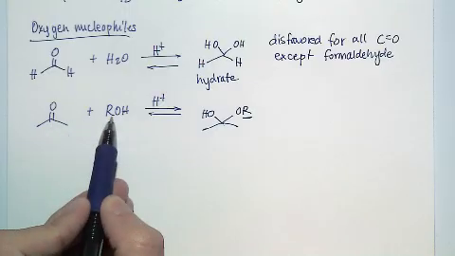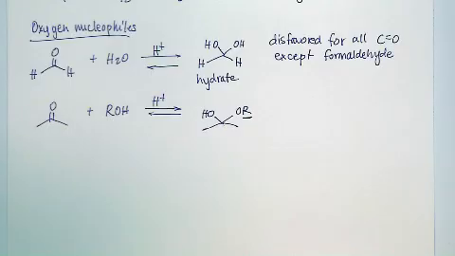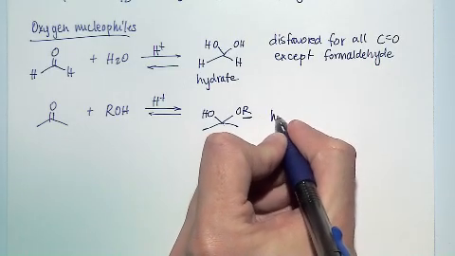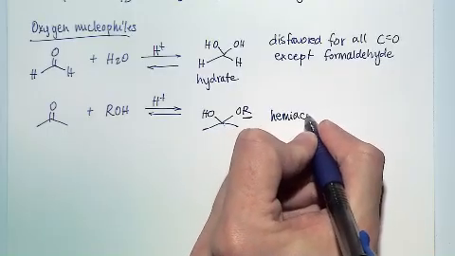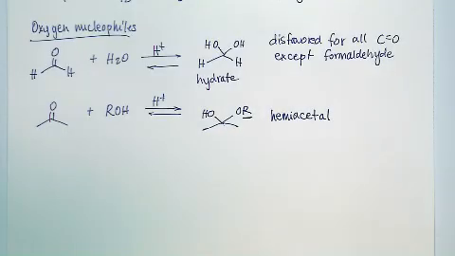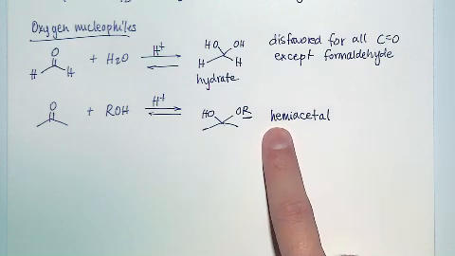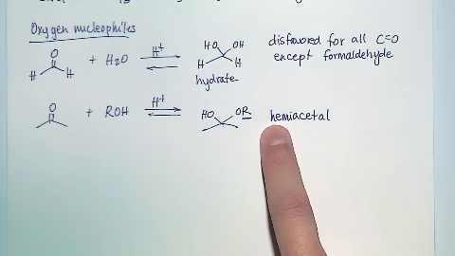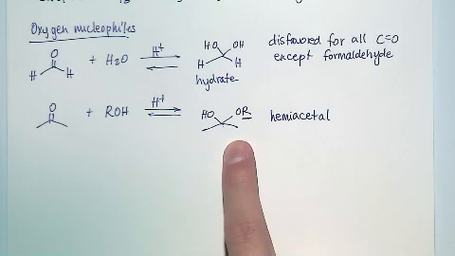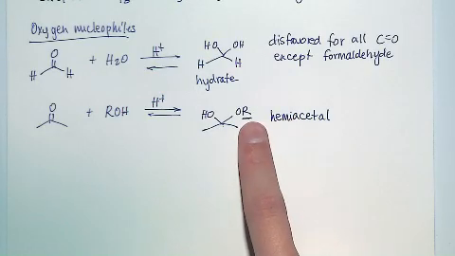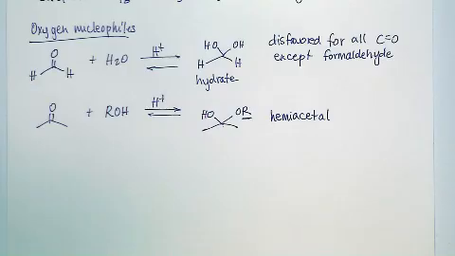But if we add an alcohol to a ketone with an appropriate acid catalyst, you get this molecule which has one O group, one OH, and one OR. This is called a hemiacetal. Hemi means partially, and this is easier to explain when we've seen the next example, but it's called a hemiacetal because only one of the oxygens has an R group on it.